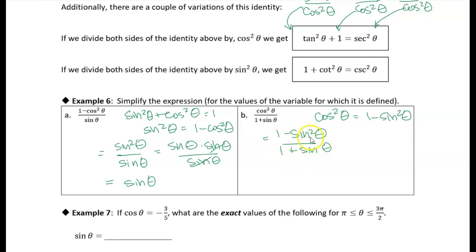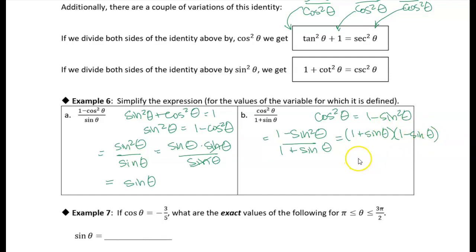All right, so remember, sine squared of theta is equal to just sine times sine. Okay, so this is actually the difference of two squares. This numerator is the difference of two squares because 1 squared is 1, right? So I can rewrite this 1 minus sine squared of theta as 1 plus sine of theta times 1 minus sine of theta.